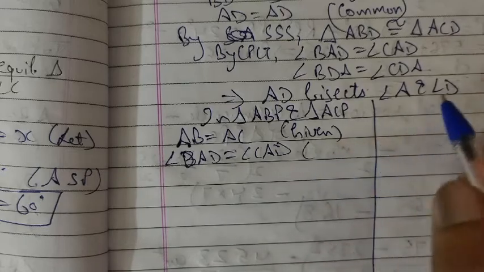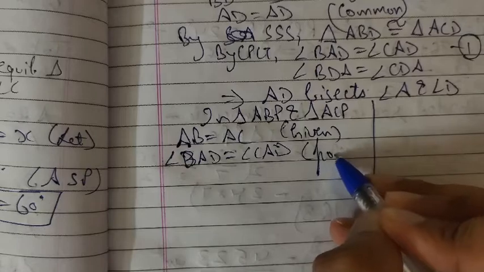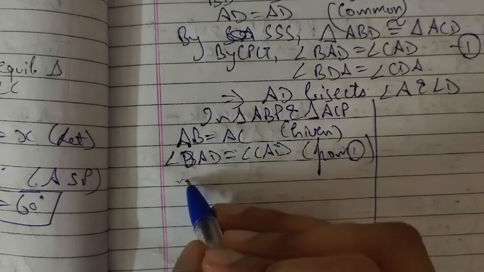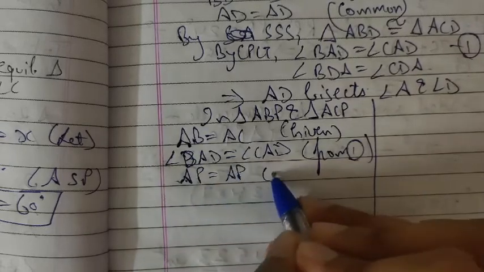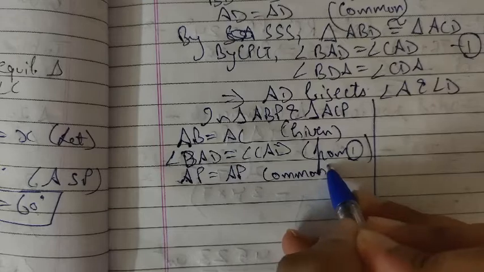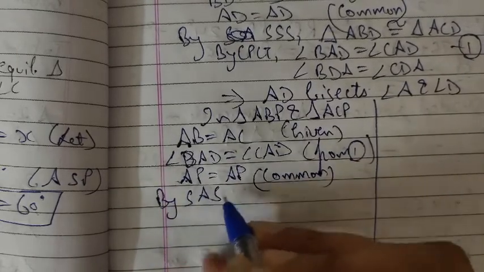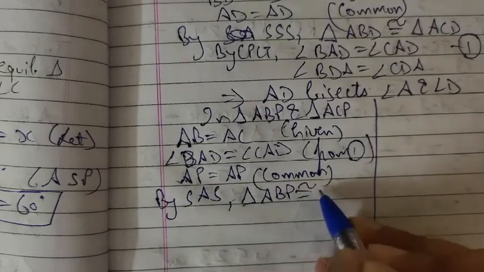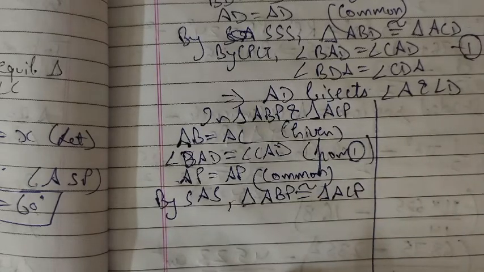This we have proved from the first part, and also we know that AP is equal to AP, common. So by SAS, triangle ABP is congruent to triangle ACP.